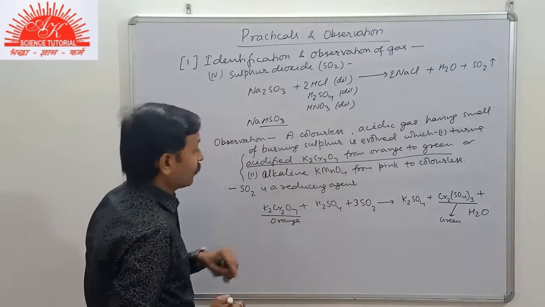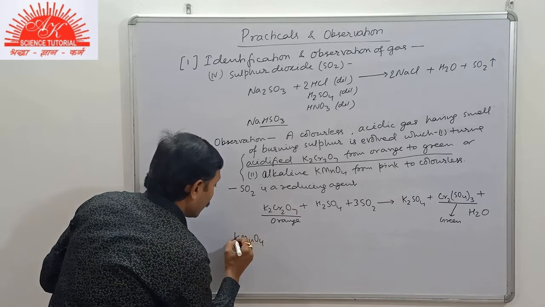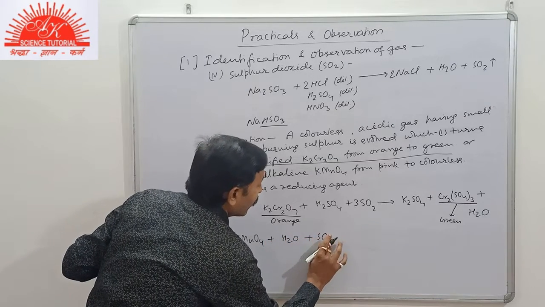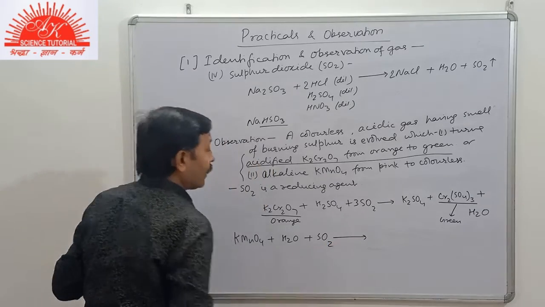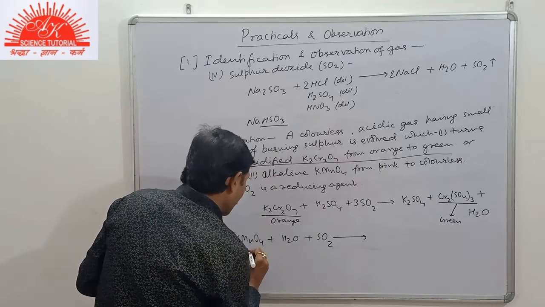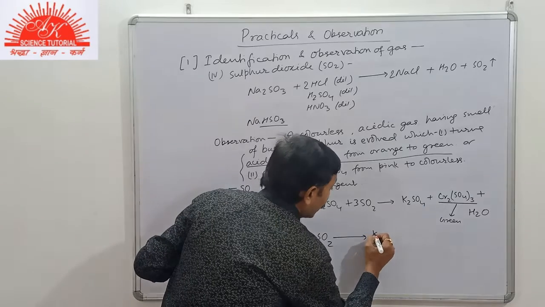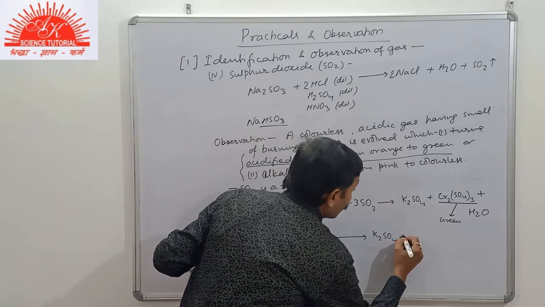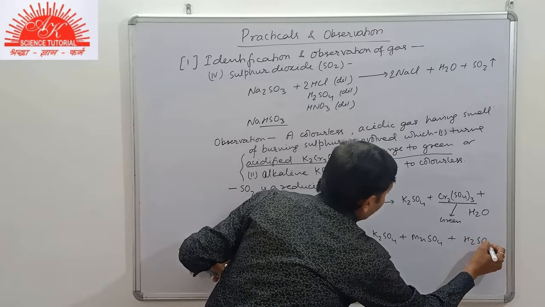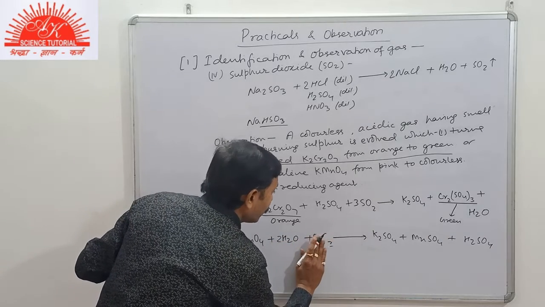You can take this one. When SO2 is passed through alkaline potassium permanganate solution, then this was pink in color. Now it will turn to colorless, giving K2SO4 plus MnSO4 plus H2SO4. Now it is balanced here.